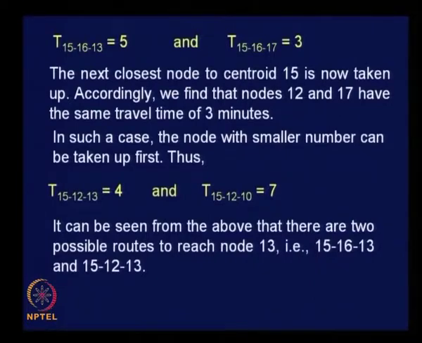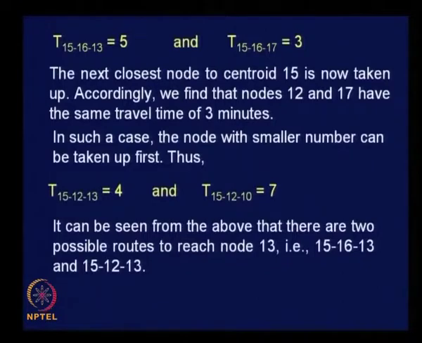Which route will you choose? 15, 16, 13 costs you 5 minutes of travel time, and 15, 12, 13 takes only 4 minutes of travel time. So you have to obviously take the shortest path. So 15, 12, 13 is the right path to reach 13 from the zone centroid, not 15, 16 and 13.